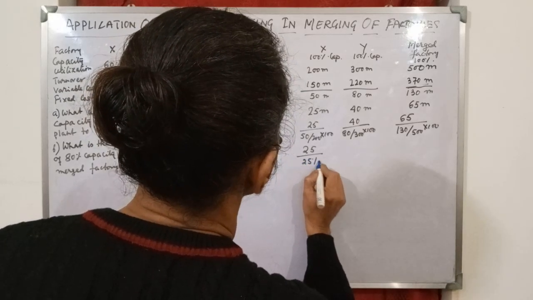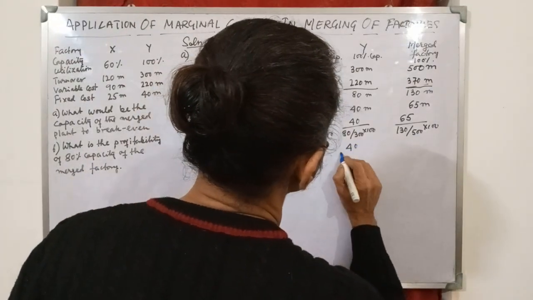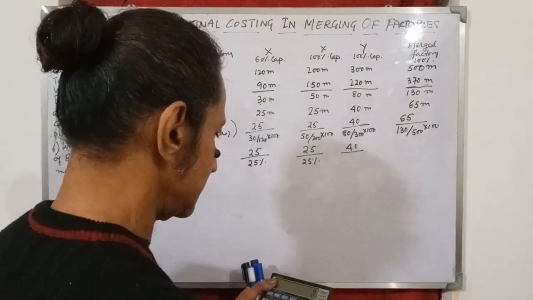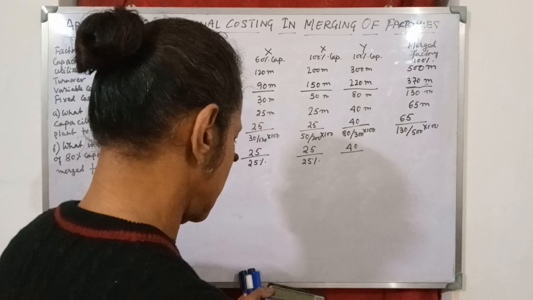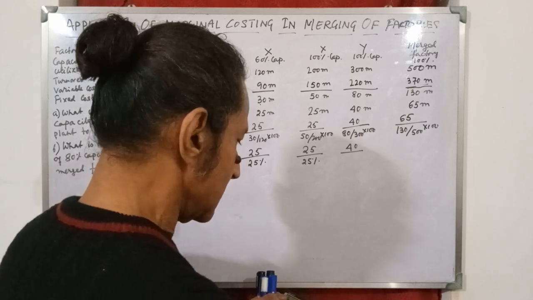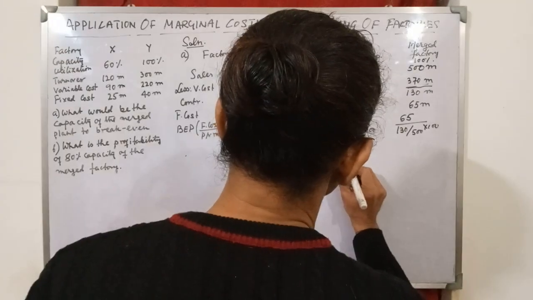And here 40 divided by 80 over 300 into 100, so we get 26.67%.